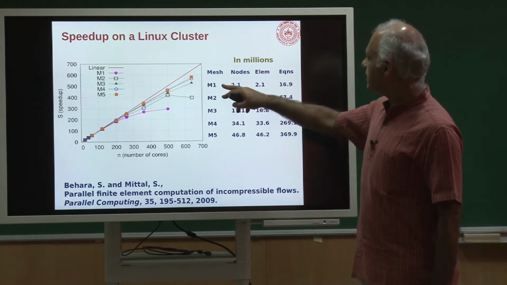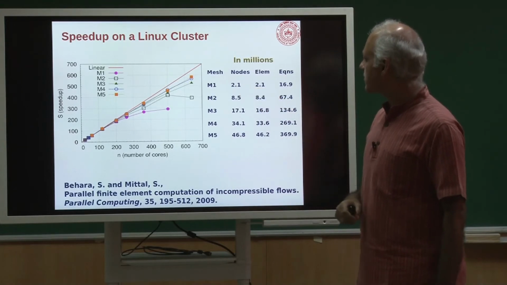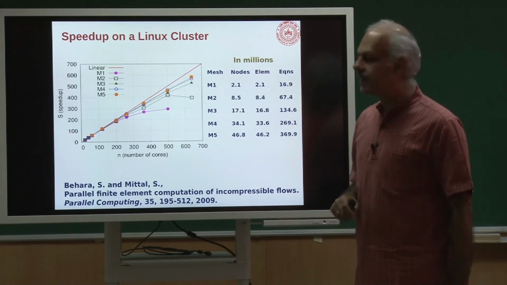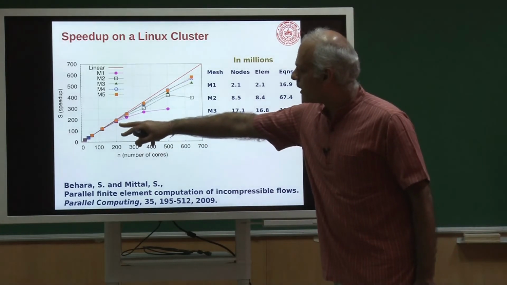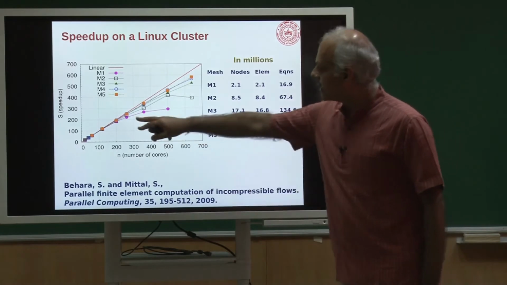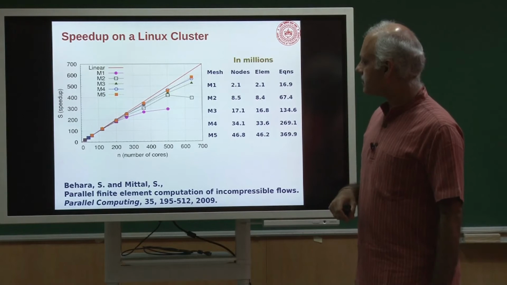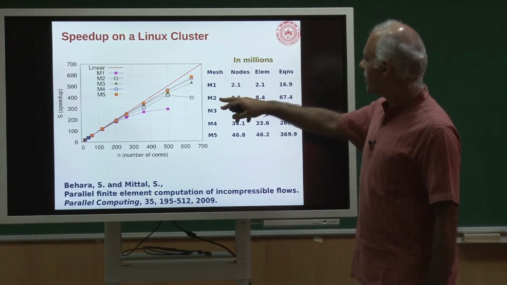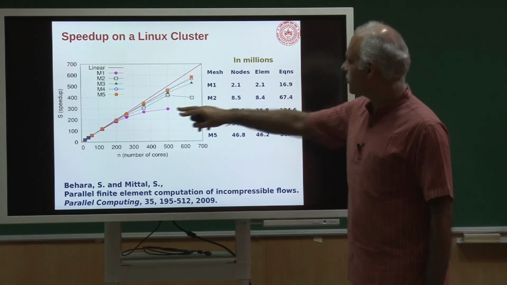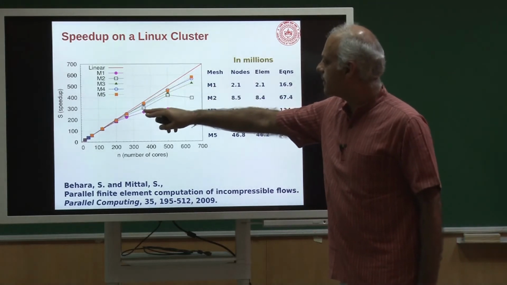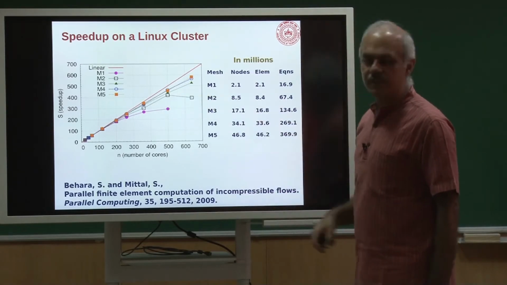If I take a mesh which is not so large, it has only about 2 million nodes, roughly 17 million equations, then you can see that after about 200 processors, it starts saturating. So, it starts departing from the red line. But if I go to a bigger mesh, this time with about 70 million equations, those are the hollow boxes, I get a little bit better speed up, but that also saturates after some time.